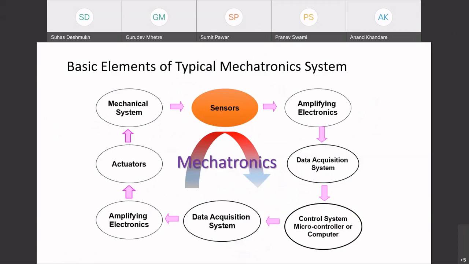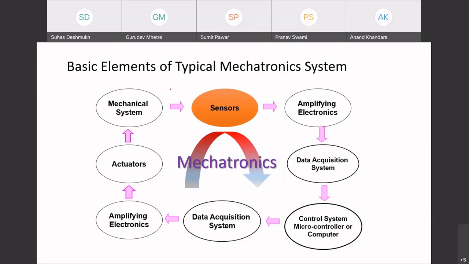So here we have sensors. Okay, a sensor is nothing but something which measures typical parameters, or maybe tells us the status of my system, such as temperature, pressure, maybe position, speed, so many parameters you can sense.